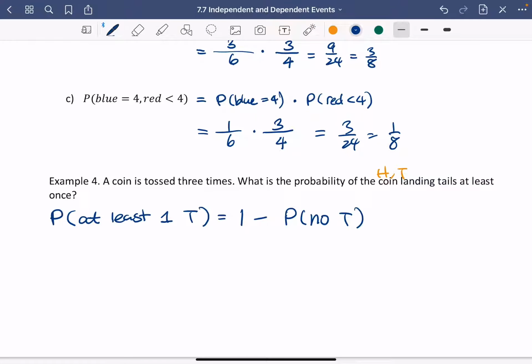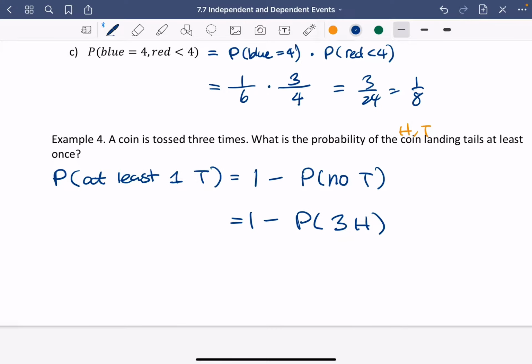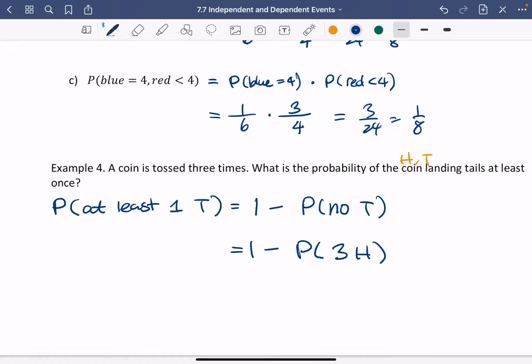Well, no tail means you must have 3 heads. Oh, sorry, no tail means you must have 3 heads. So now we can just calculate this. We know how to calculate the probability of 3 heads.